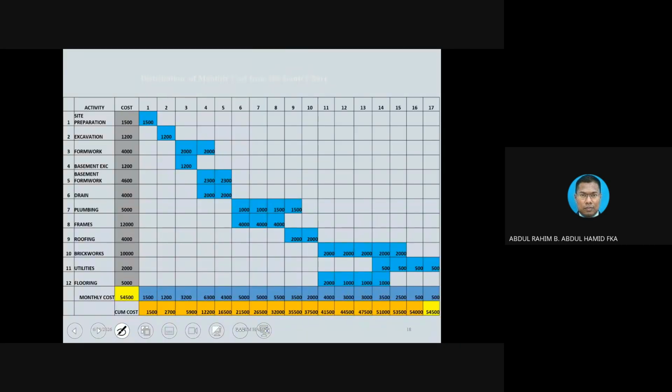This is another example of how, from the cost distribution, for each of the bars in blue, we distribute the cost according to the prorate. Prorate means to say 4,000 divided by 2, so each will get 2,000, for instance. That is what we call prorate. At the end of the day, we come up with the monthly cost, and then we convert into cumulative costs.